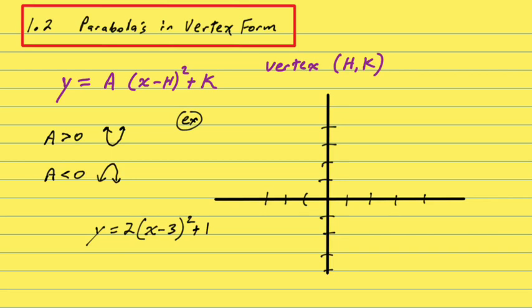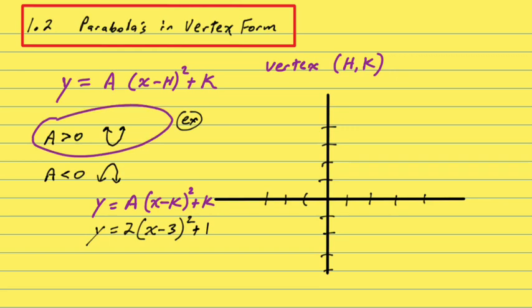Okay, I'll write above it y equals a. Is a positive or is a negative? A is positive, so that means it's going to open upward. And I'm sorry, I put k twice. It's x minus h.